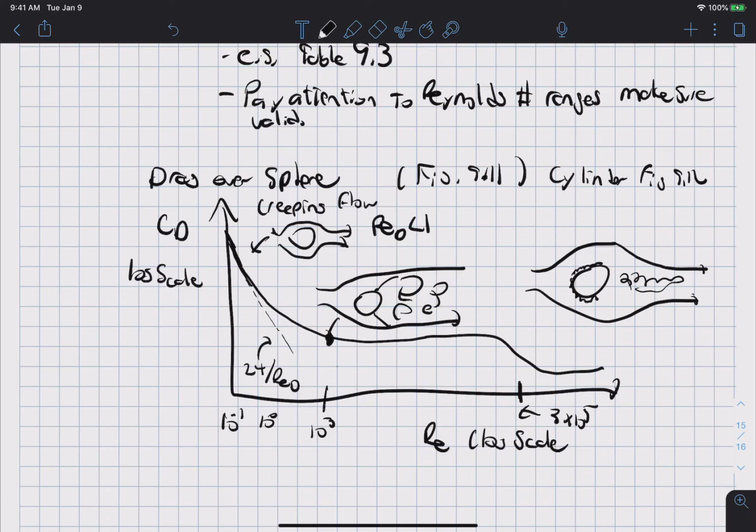Okay, and when the boundary layer is turbulent, the separation point over here occurs further behind the sphere. And this region here where it's separated has very low pressure.